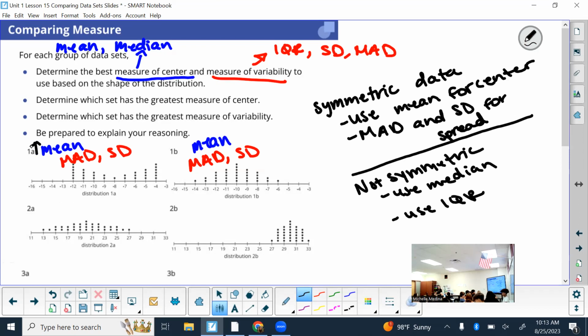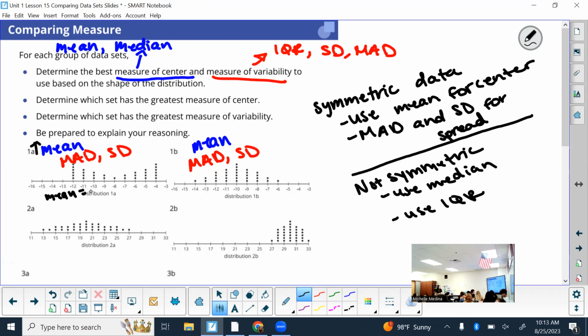What is my mean approximately for the first one? Brooklyn? Oh, did you do the math? Okay, so the mean is approximately negative 8.4.